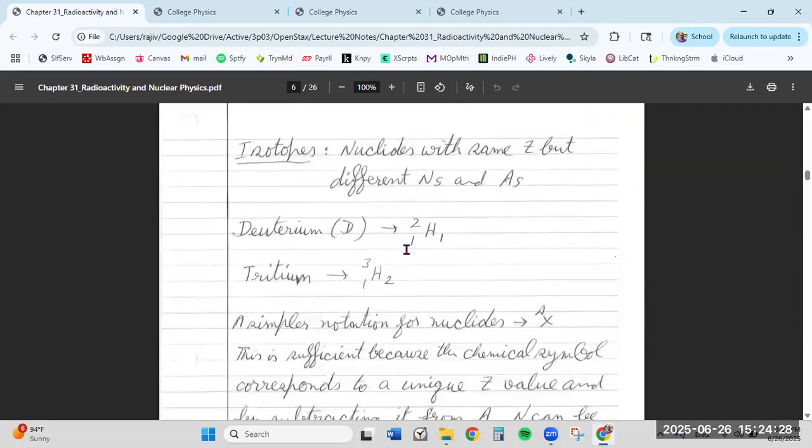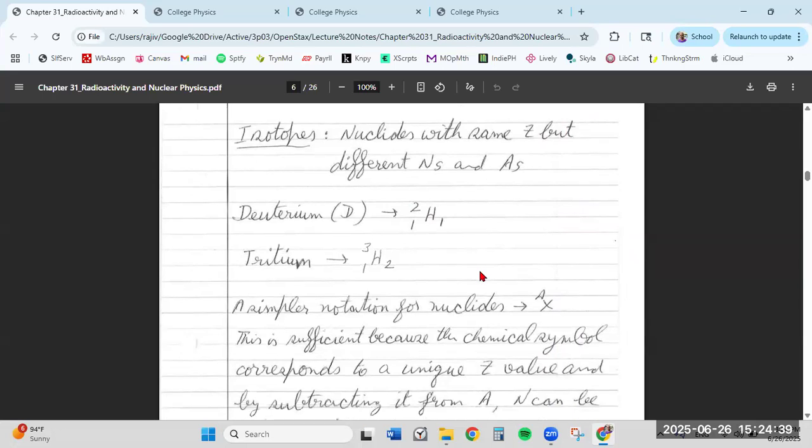And then there's an isotope of hydrogen which has 1 proton and 1 neutron, and this is called deuterium, represented by capital D. And then there's a third isotope of hydrogen, which has still one proton, but two neutrons. And that's called tritium.